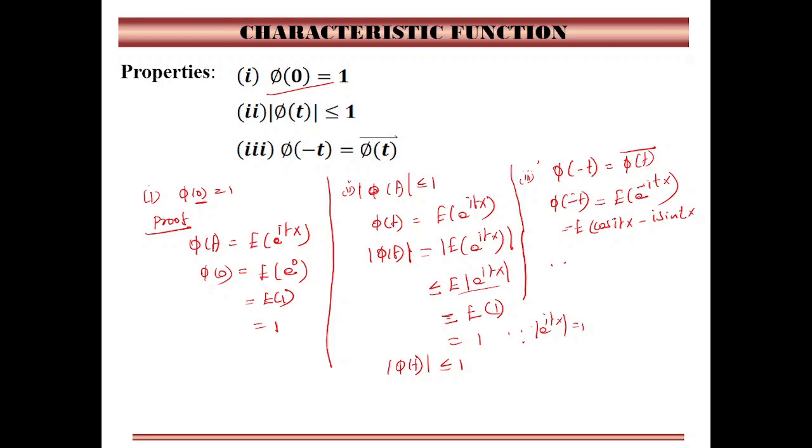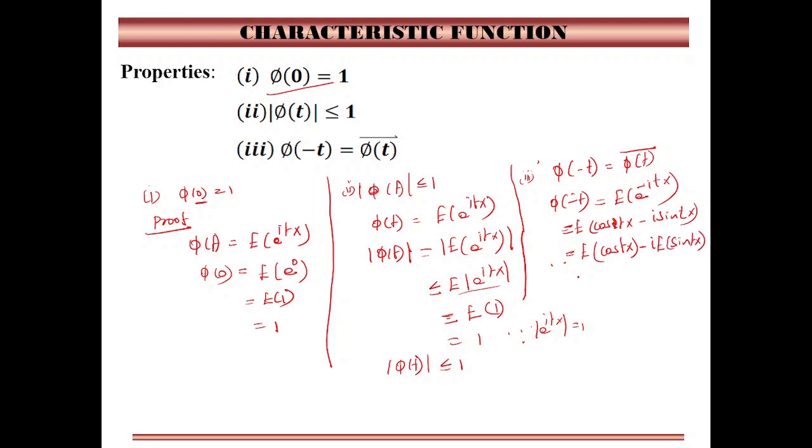So cos tX minus i sin tX, which is equal to the expected value of cos tX minus i into the expected value of sin tX.